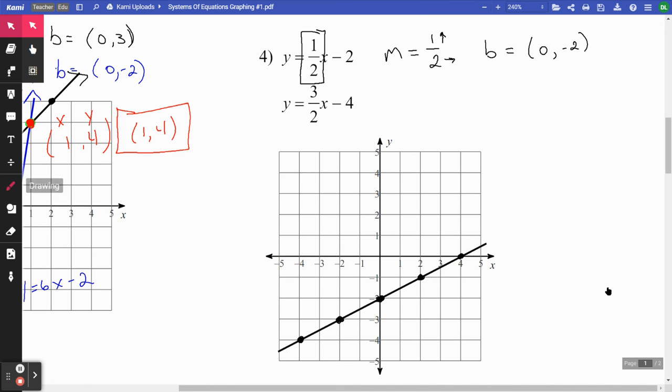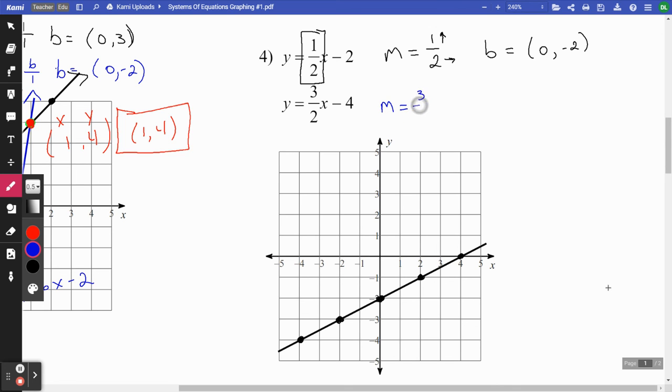And let me look at the next one, right? The next one is going to be my slope is 3/2. And my y-intercept is 0, -4. So 0, -4 puts it here.